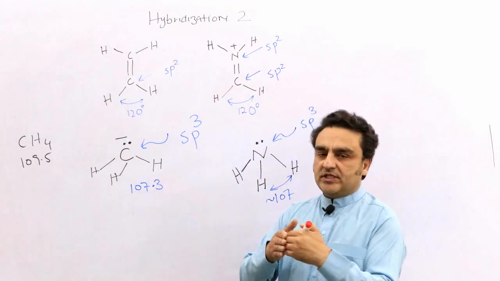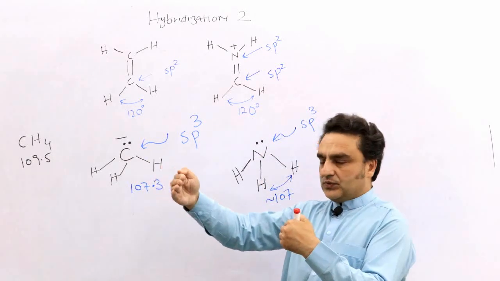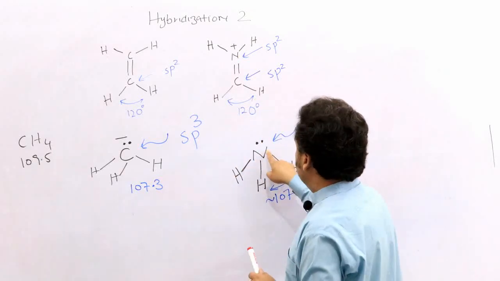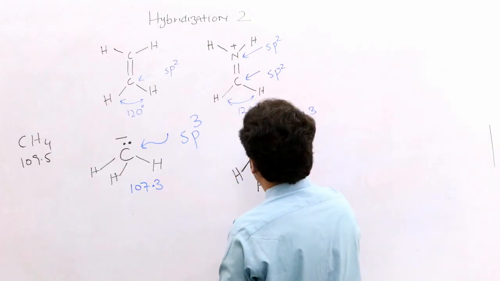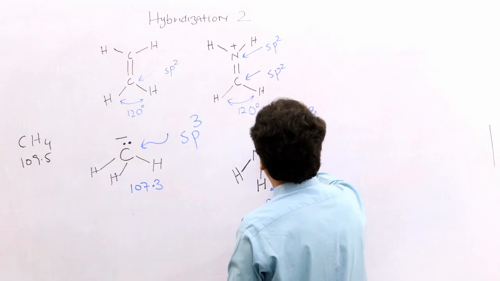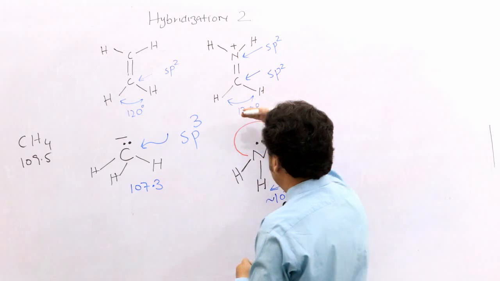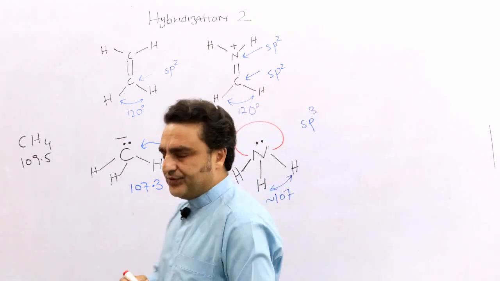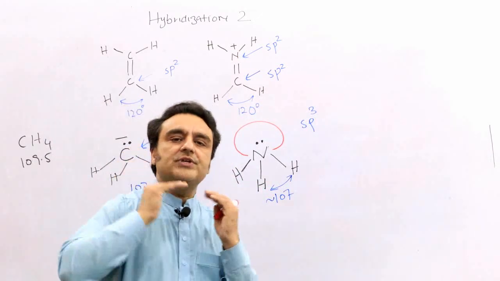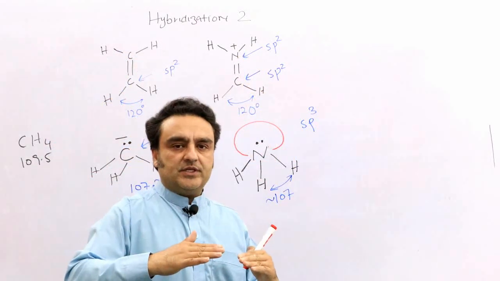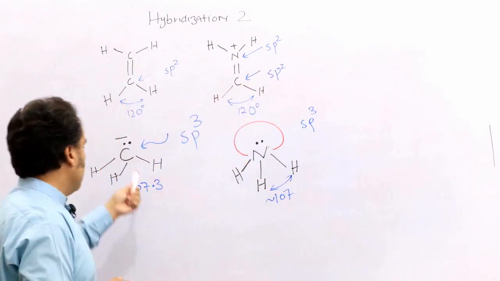It loves electrons, or it wants to keep its electrons very near to it. So the lone pair here will be almost very near to the nitrogen, because nitrogen is more electronegative and it will attract the lone pair towards itself.